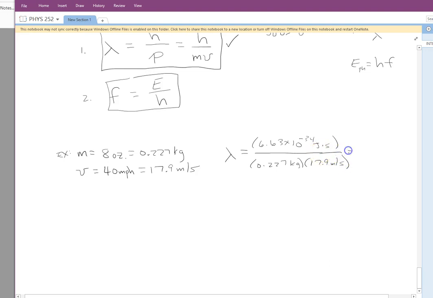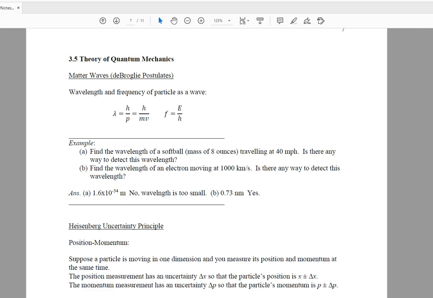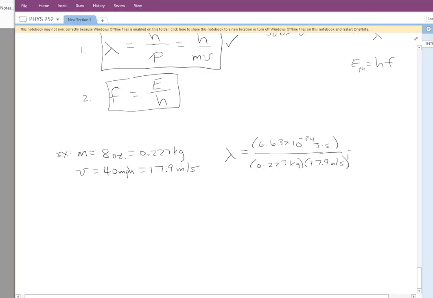And you can do a unit check, but you will get meters, and you end up with a value that is about 1.6 times 10 to the minus 34 meters. Now, that, my friends, is an extremely short wavelength. In fact, that distance is so small that it is undetectable.